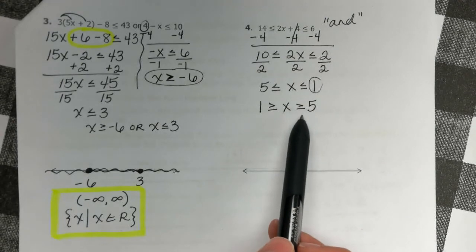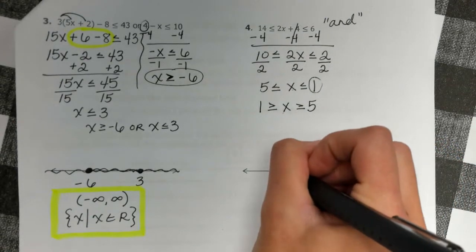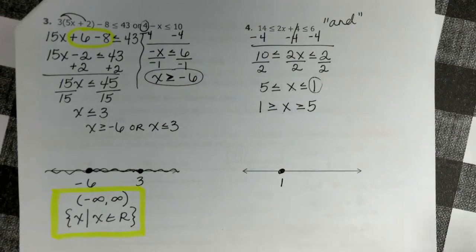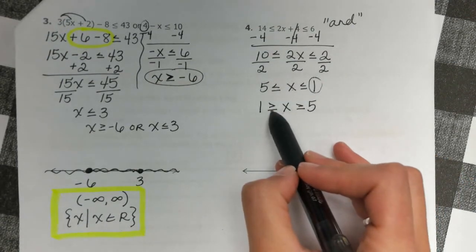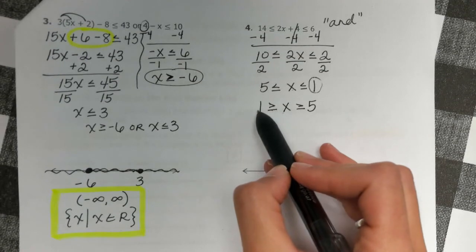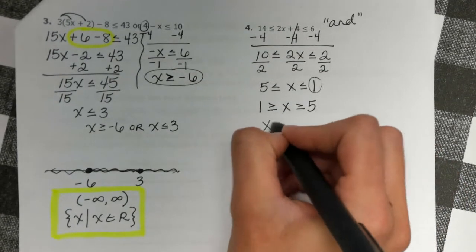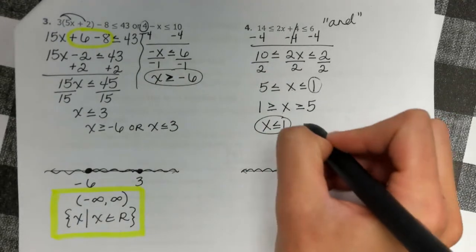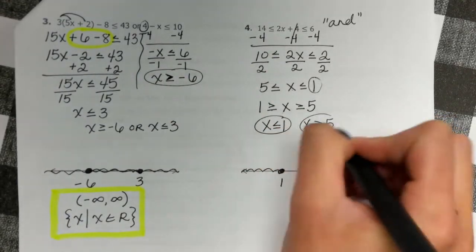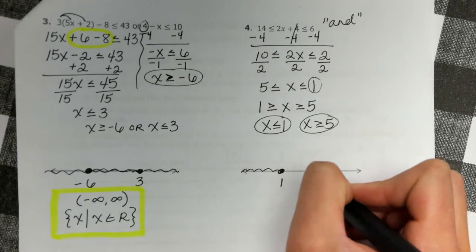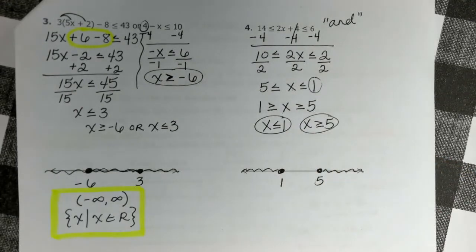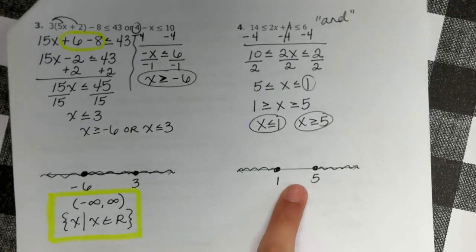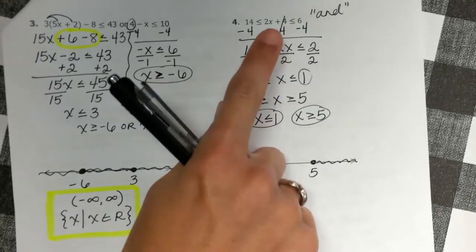My signs are wrong. So if I were to look at what this graph means, I've got x is less than or equal to 1. That's what this is telling me. So that would go this way. This is telling me x is greater than or equal to 5. What type of inequality does that represent? An or, but I started with an and.